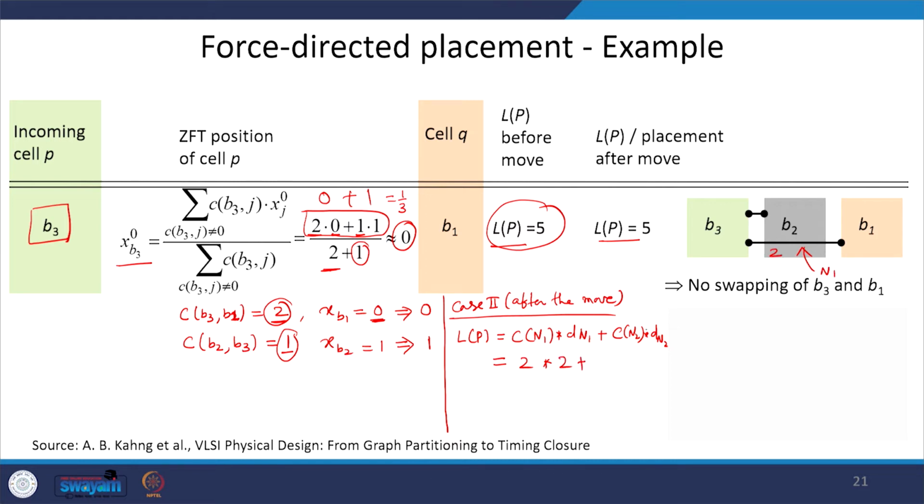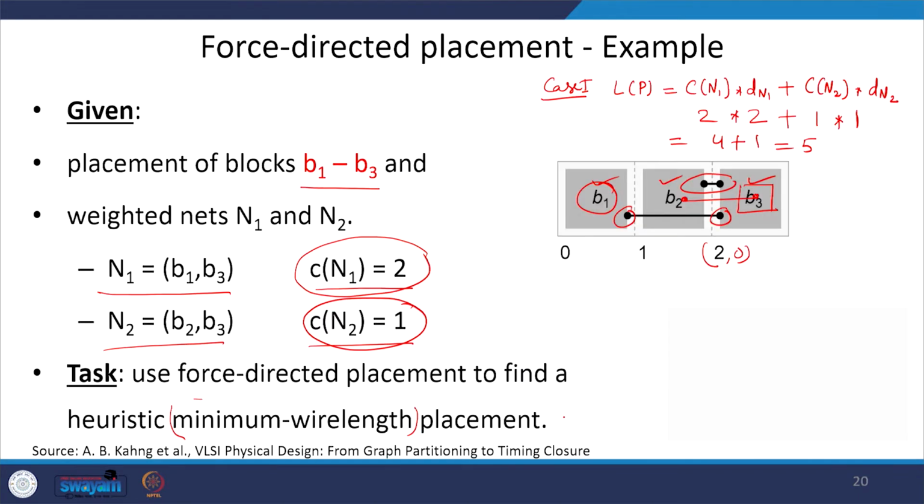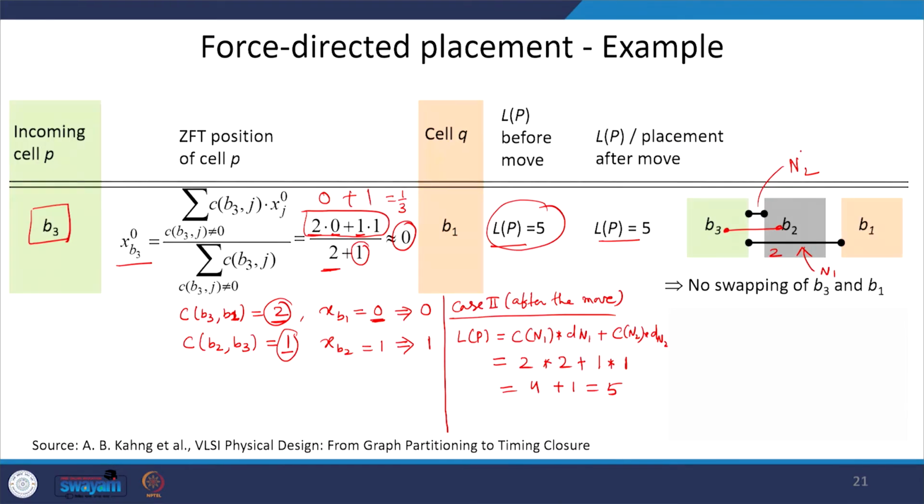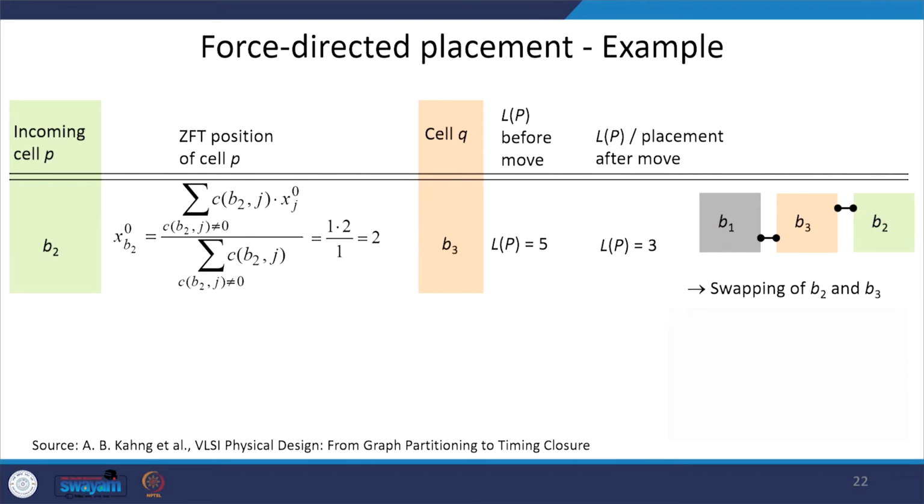C of N2, for the N2 net, is 1, multiplied by the distance from the middle of this one to the middle of this one, which is 1. So it is 4 plus 1, which is 5. Before the move L of P is 5, and after the move L of P is 5. So it is not a good decision to swap B3 with B1.